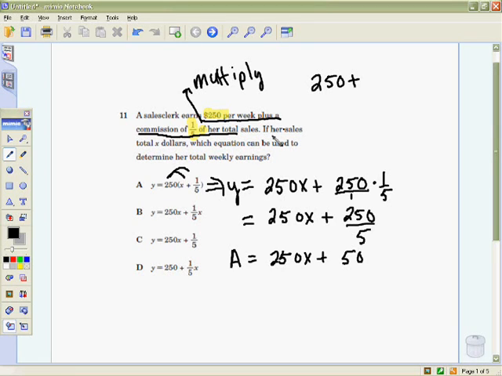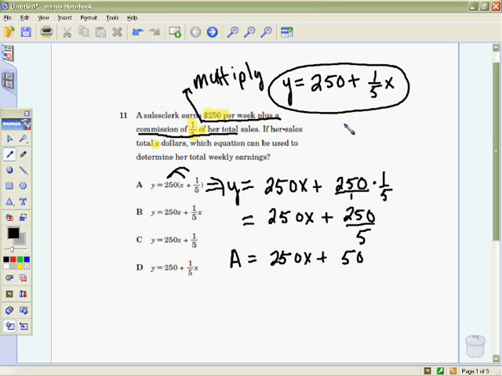And then it says if her sales total X dollars, so her sales are going to be X dollars, so then 1/5 of her sales should be 1/5 of X, or 1/5 X, because that keyword "of" means to multiply. So I have y equals 250 plus 1/5 X.